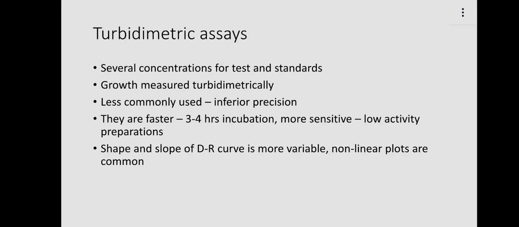As a result of the lower precision we have discussed, the dose response curves are more variable and the plots are usually non-linear. So this may not be a very good way of quantification, but it's a good way of detecting some activity in compounds that may have poor activity.